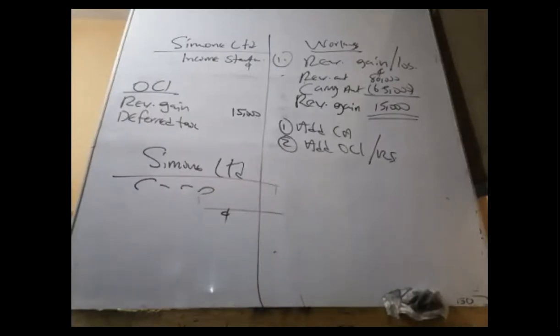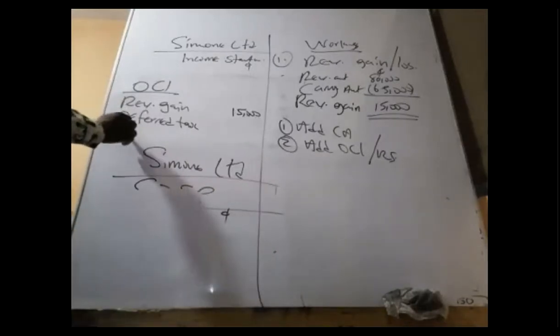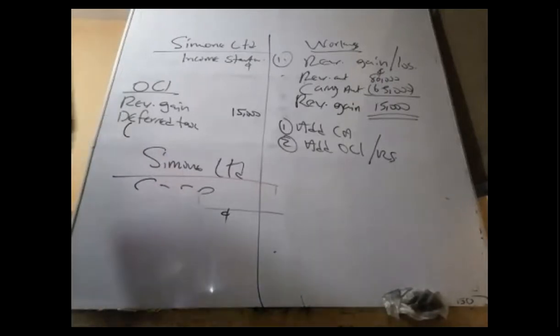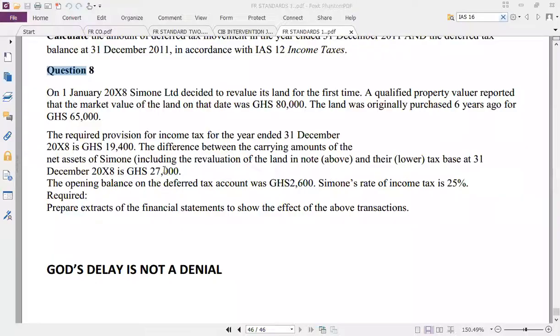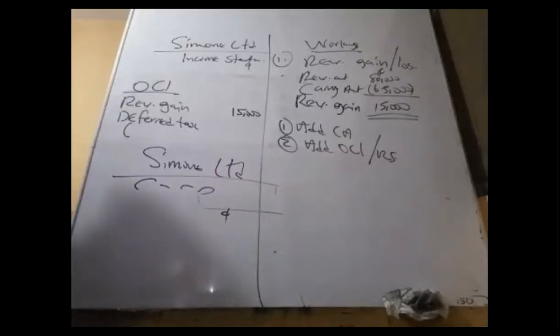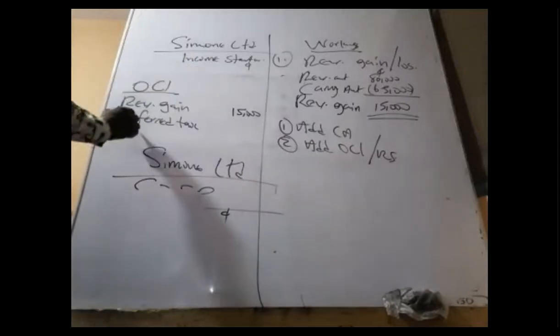Deferred tax will be the tax rate of the company. Simon's tax rate happens to be 25%. So that's the tax rate. Now let's find 25% of 15,000.